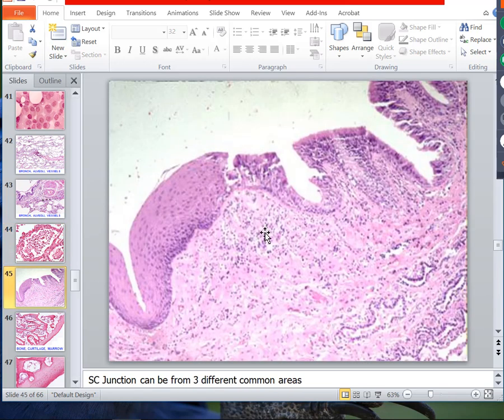Okay? Here is a squamocolumnar junction. Well, could this be the cervix? Could this be the esophagus? You know, there are 3 squamocolumnar junctions. Could this be the anorectal junction? Actually, I think this is probably the esophageal-gastric junction.